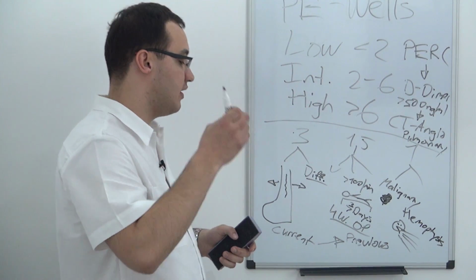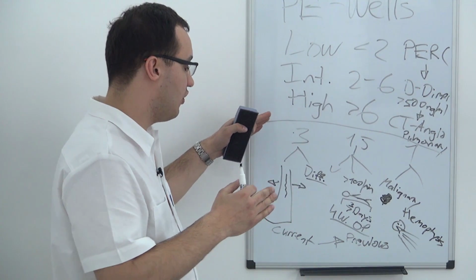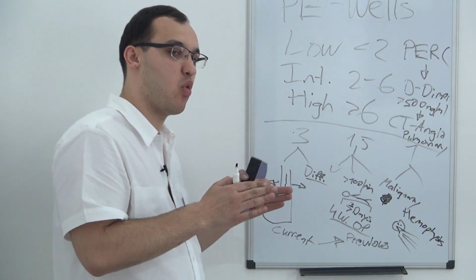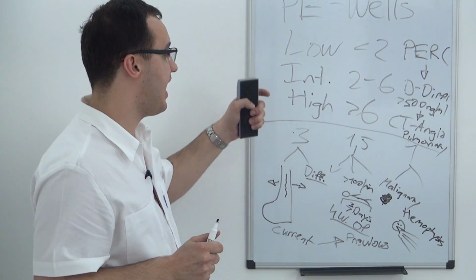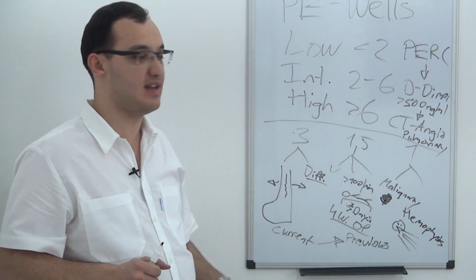Okay, so this is my main message here. The algorithm just makes you go in the right direction. So when you had a positive D-dimer test, then you went on with the CT angio.